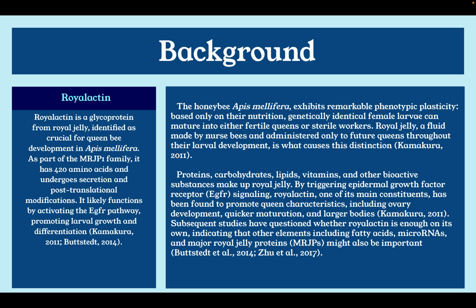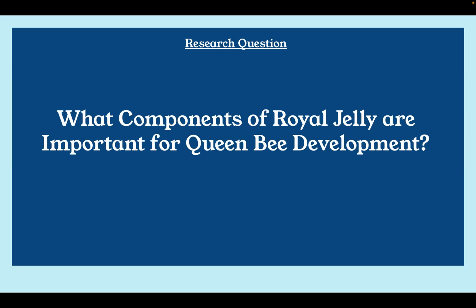Royalactin, a key component, activates EGFR signaling to promote queen traits like ovary development and larger size. However, research suggests that other royal jelly components, such as fatty acids, microRNAs, and MRGPs, may also play critical roles. My research question is, what components of royal jelly are important for queen bee development?